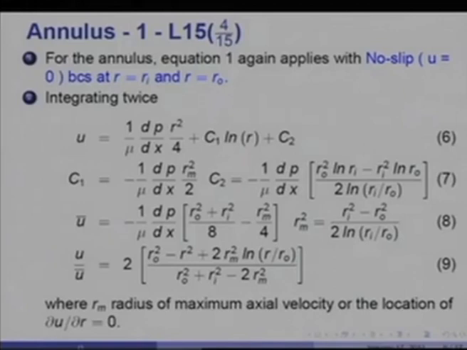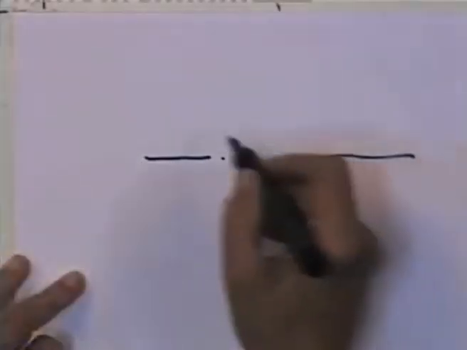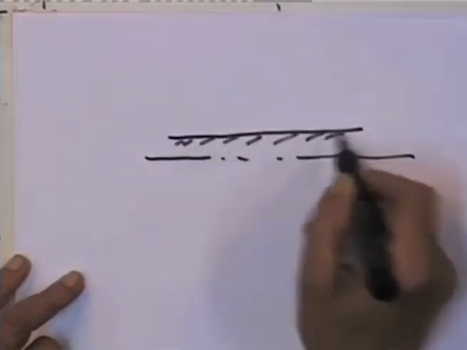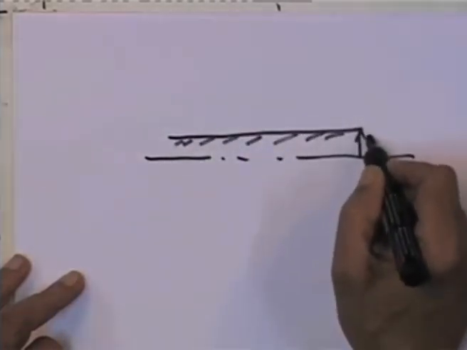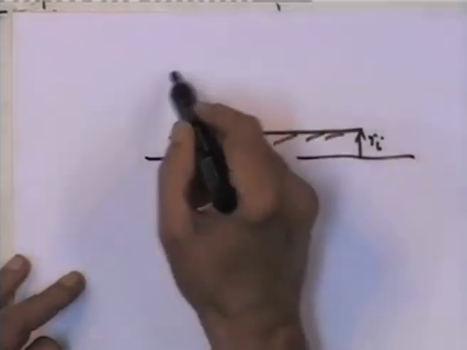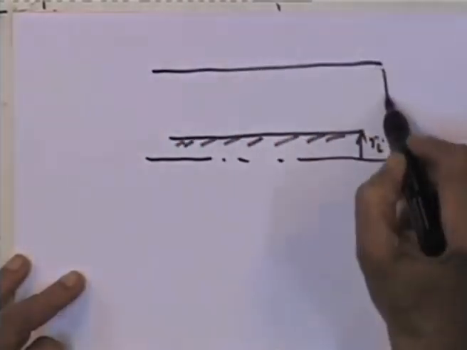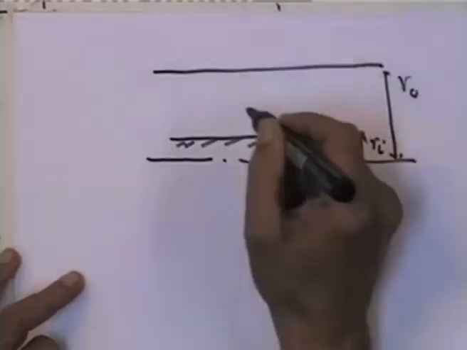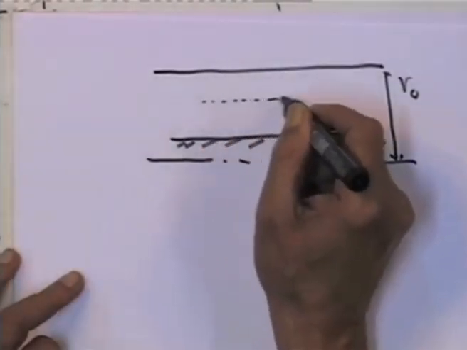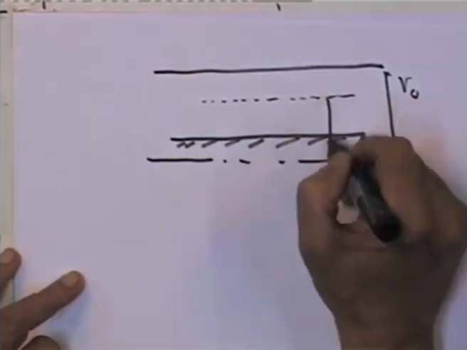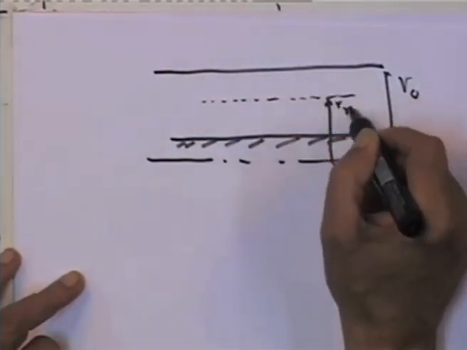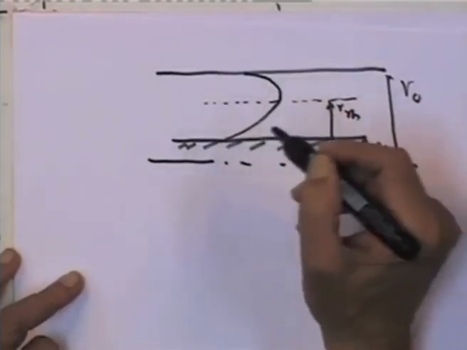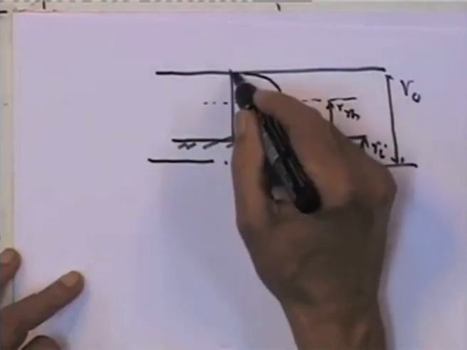Remember, if I have axisymmetry like this, this is the inner radius r_I, this is the outer radius r_O, then the velocity profile will look like that, with 0 velocity at both.